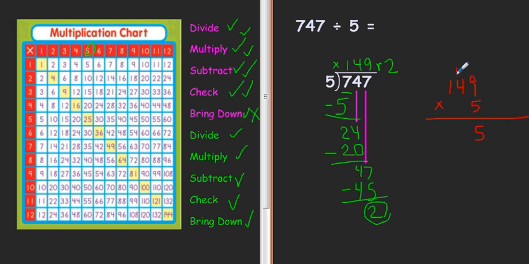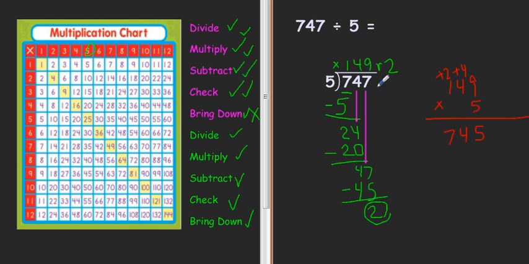Now notice, since we had a remainder, this isn't adding up correctly. But if we added those two, it would be 47. 5 times 4 is 20, plus 4 is 24, plus 2. 5 times 1 is 5, plus that 2 is 7.